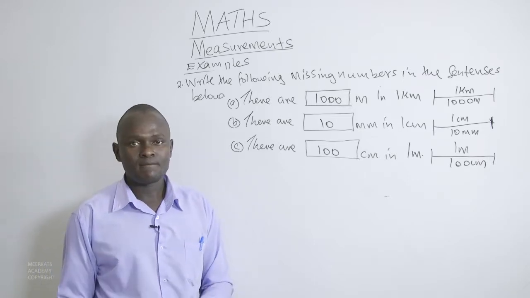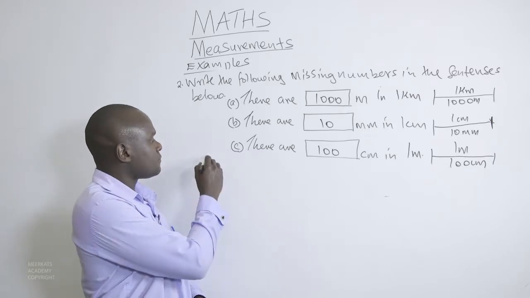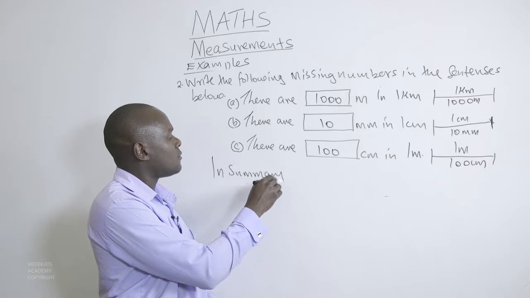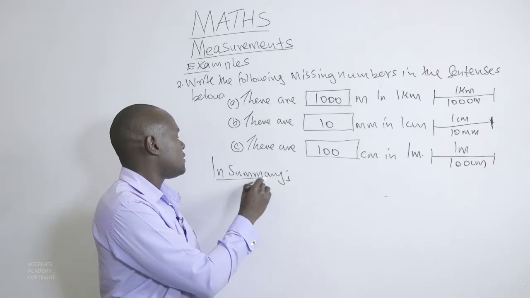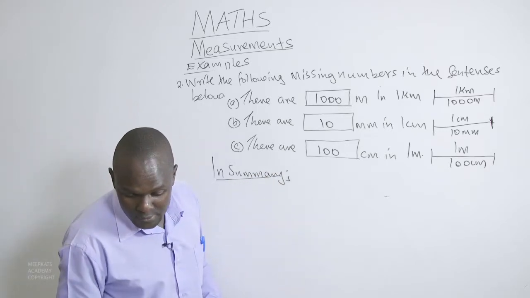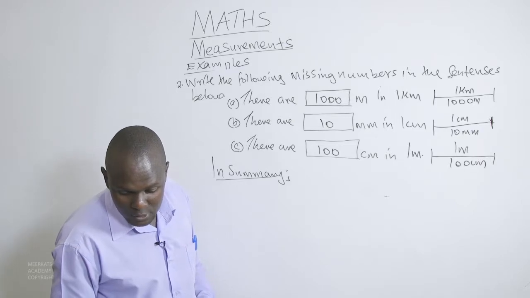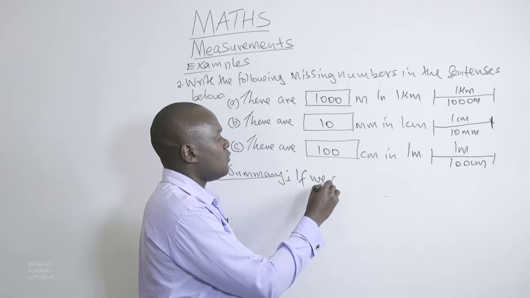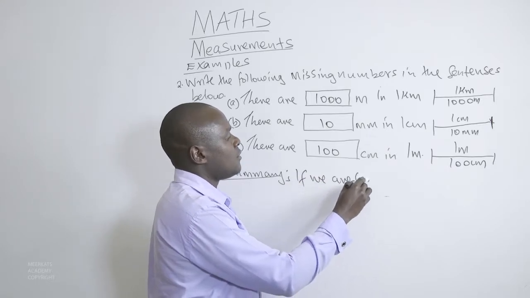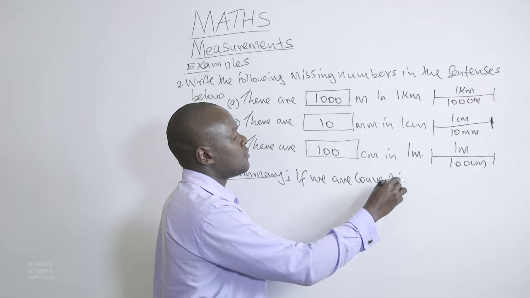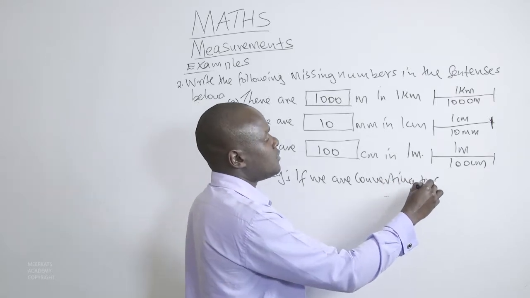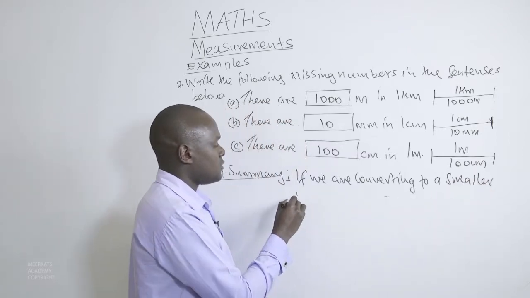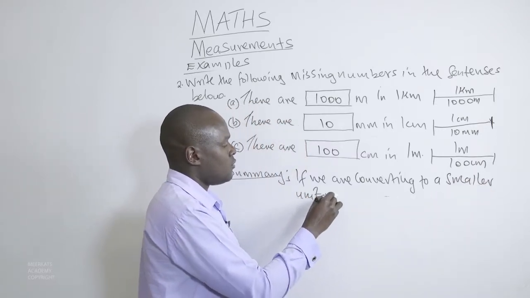So in summary, we are saying that when we are converting to a smaller unit, we multiply.